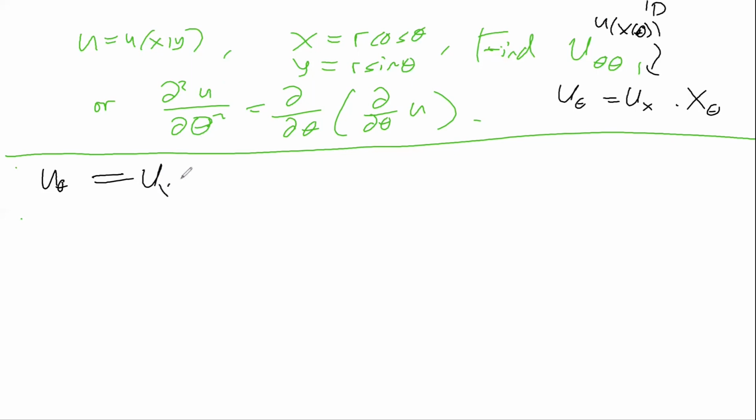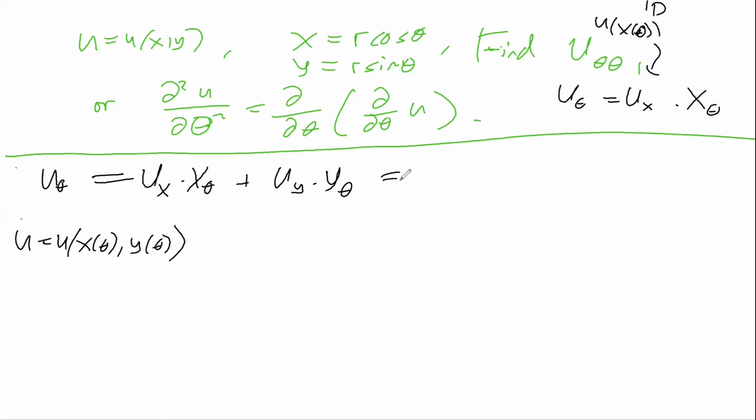So just like in 1D, it's ux times x theta, but now you also have to do uy times y theta. And this reflects the fact that u is a function of x and y. So x theta is just minus r sine theta ux plus r cosine theta uy.